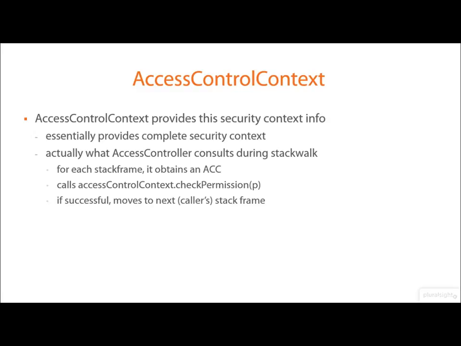If this call on the current frame succeeds, we go to the next stack frame. On the next stack frame, we get an access control context, we call this check permission, and then we keep walking up the stack frame. Another job of the access control context is to manage the protection domains. So the access control context will eliminate duplicate protection domains, for example, to make sure these things aren't checked multiple times.